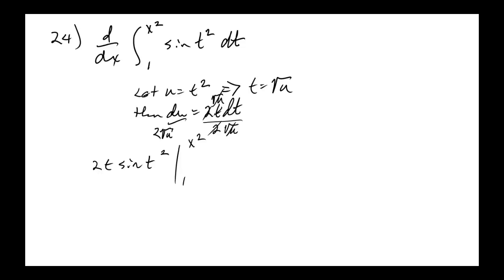Two x squared sine x over... Well, see, the 1 over square root of u would be 1 over t, and that, I don't know. Whenever you go to plug those in, you get 2 sine of 1.